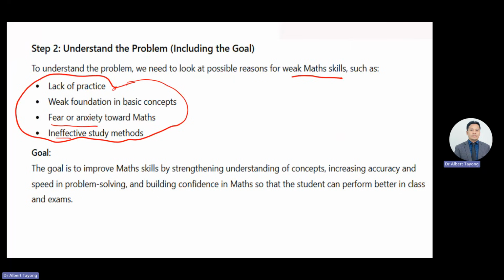So what is your goal? To improve mathematical skills by strengthening understanding of concepts, increasing accuracy and speed in problem solving, and building confidence in maths so that the student can perform better in class and exams. You set your goal based on the reasons identified here.